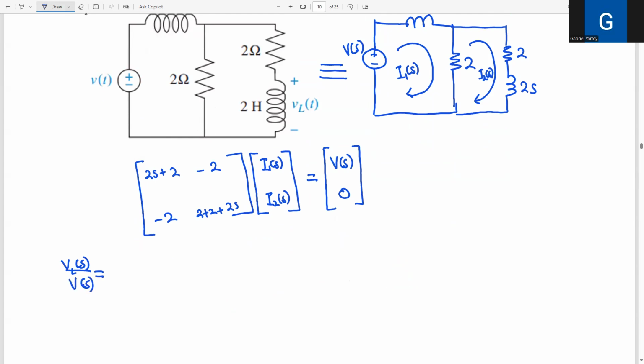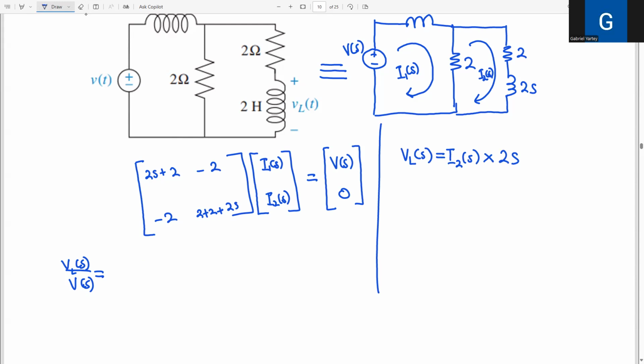Then it means that if we want to do anything, we have to multiply the I2 of S by this impedance here to get VL of S here. So the first course of action is VL of S is equal to I2 of S multiplied by Z2 of S. So it means that we have to find the I2 of S.